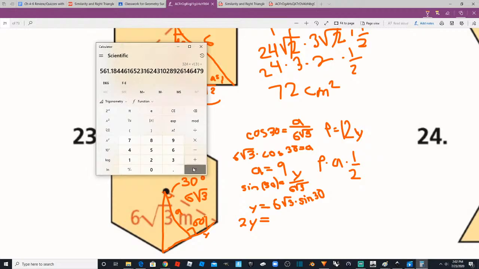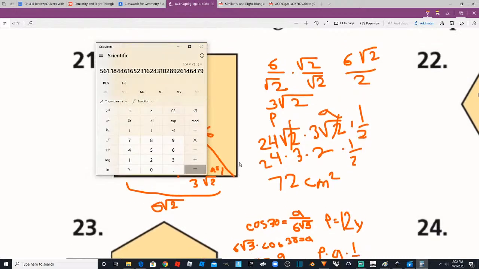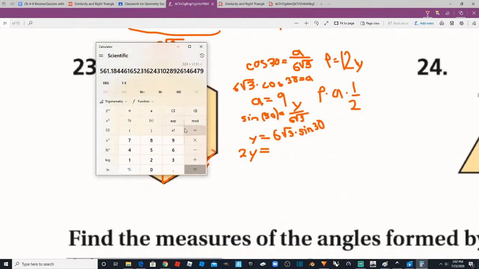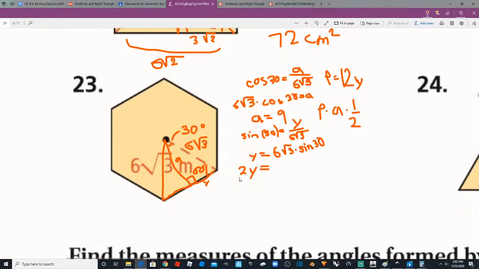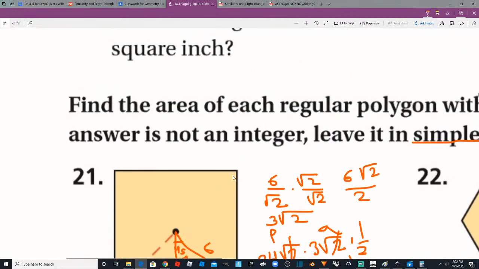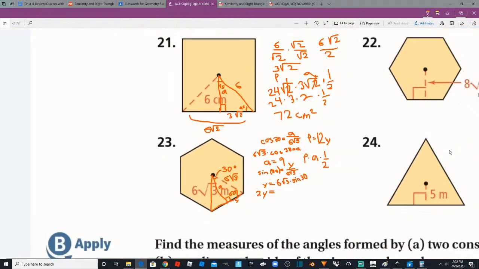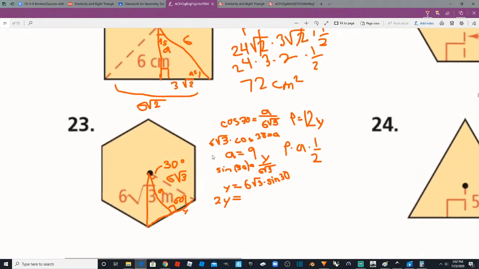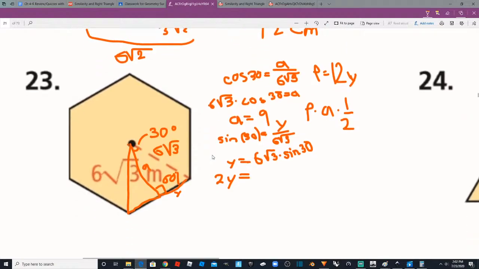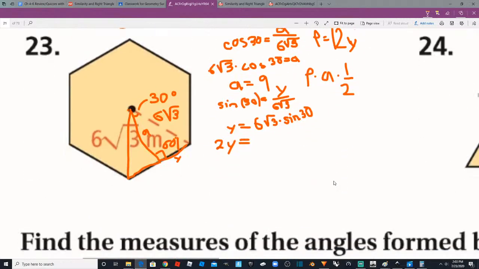Okay, so got to mention here. Hold on. Okay. So one of the big parts that I forgot is we have to leave it in simplest radical form. So we have everything right. It's just that we need to actually put this in radical form and leave it like that, not change it to a decimal.